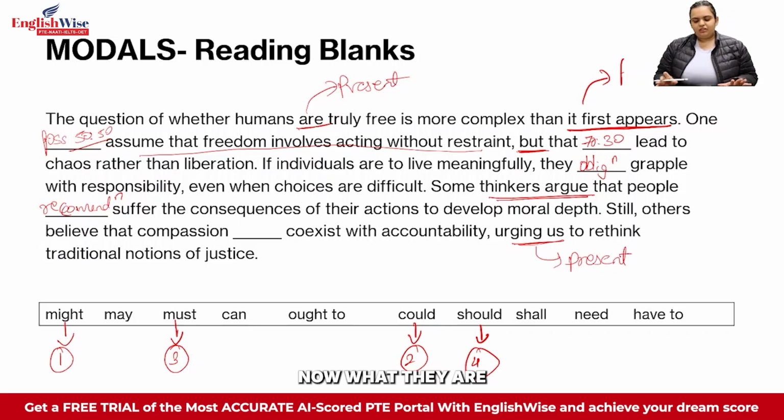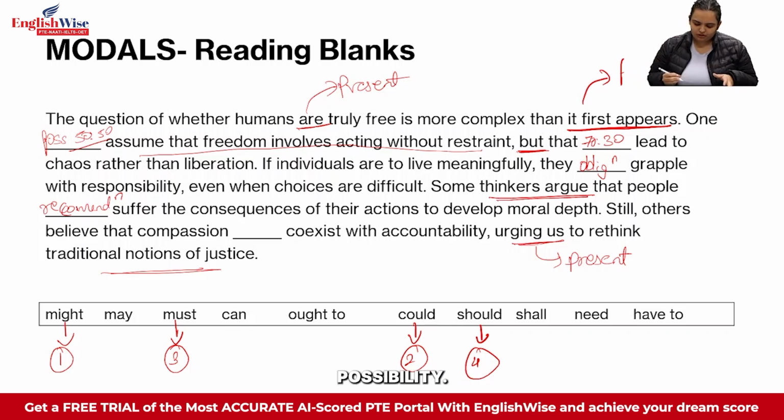Some people now say that living a morally correct life and doing your responsibilities correctly don't really go well together, and that is why we have to rethink the notions of our traditional justice. So in this case, you are again giving a possibility, but you are favoring one side of that possibility, so you will go with "can." This is how you will answer your questions based on modals.